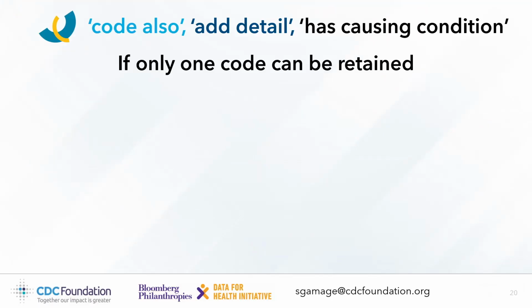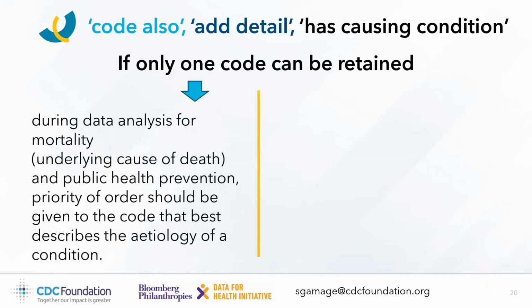Code also, add detail, has causing condition. If only one code can be retained during data analysis for mortality, underlying cause of death, and public health prevention, priority of order should be given to the code that best describes the etiology of a condition.